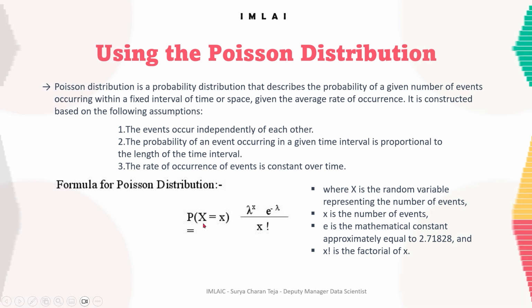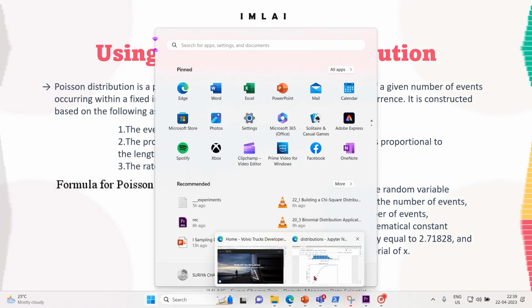So don't get confused with the capital X and small x. Capital X is the random variable representing the number of events, and small x is how many events there are. If you're still confused, I'll show you the graph one more time so that it will be clear for you.